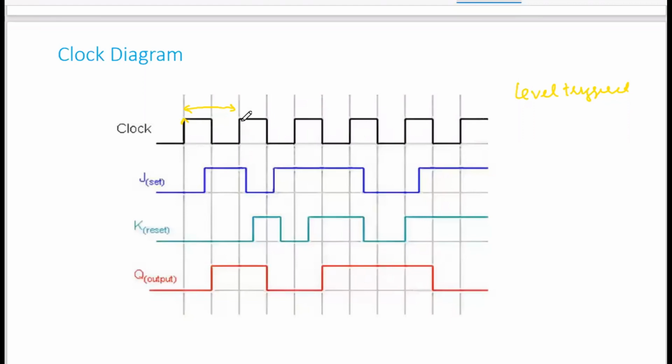Now again clock starts, j is equal to 1 and k is equal to 0. So that means your system is giving you the output 1. Now here j becomes 0 and k becomes 1, and clock is there. Clock means your system is enabled.